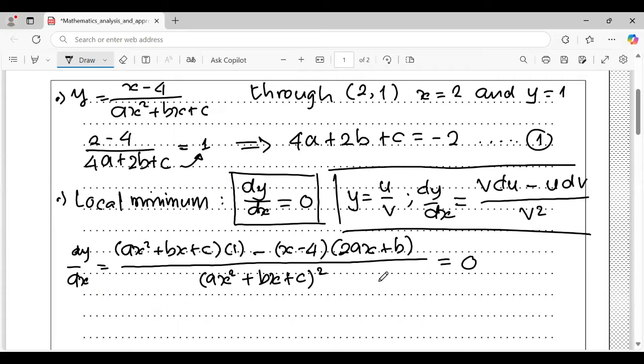Okay, so if we multiply by the denominator, this equation becomes ax squared plus bx plus c minus x minus 4 times 2ax plus b equals 0.